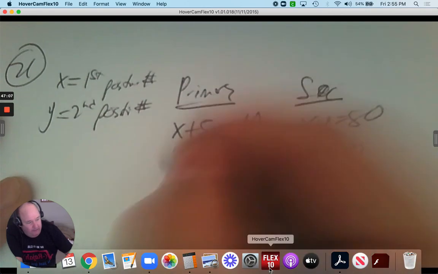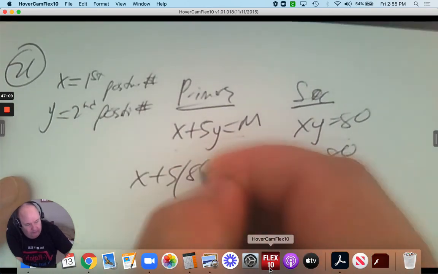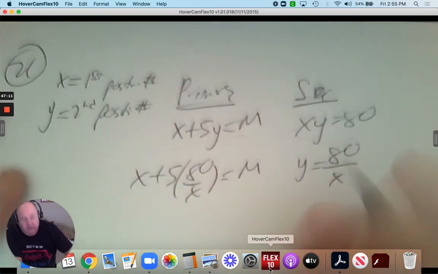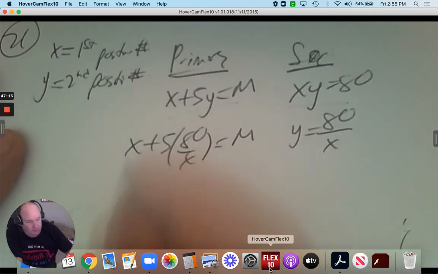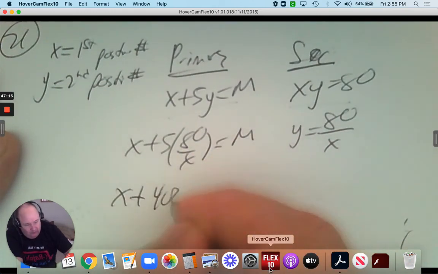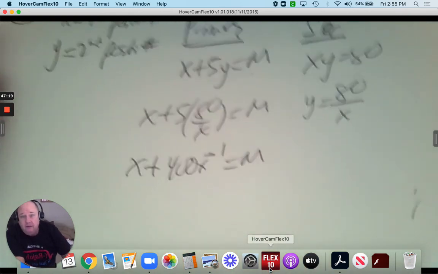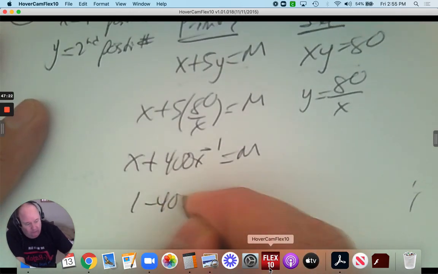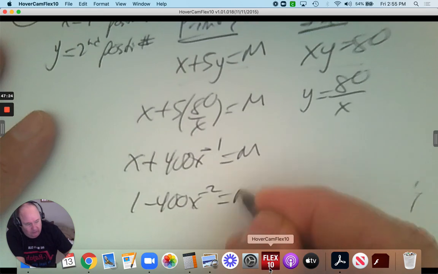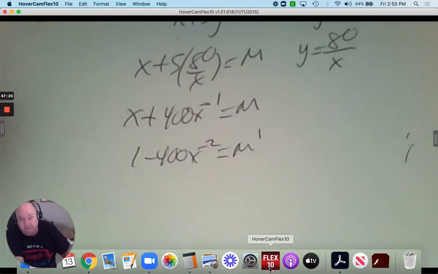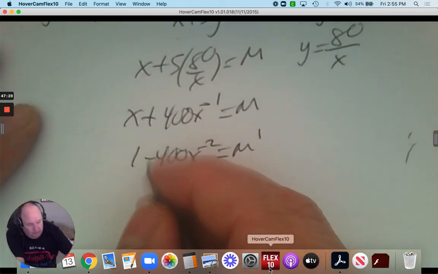Then substitute that in. That's the minimum we're looking for. So this is x plus 400 x to the negative 1. Take the derivative of that: 1 minus 400 x to the negative 2. There's the derivative. Make it equal to 0.